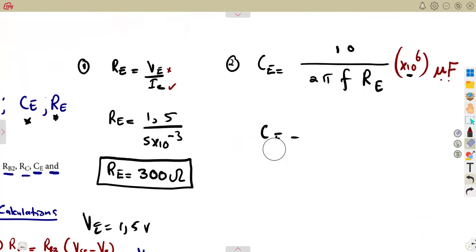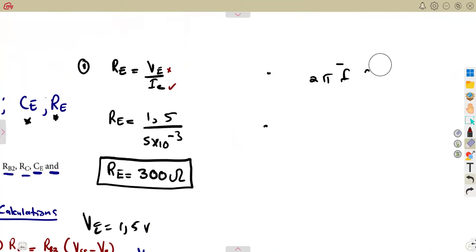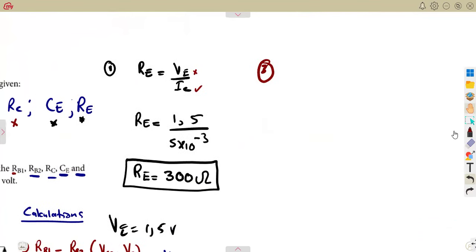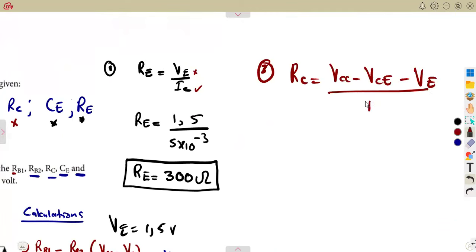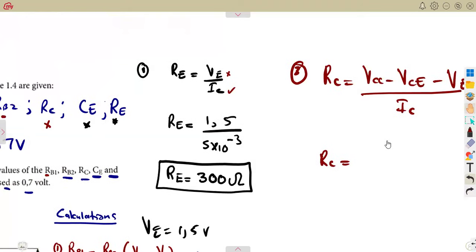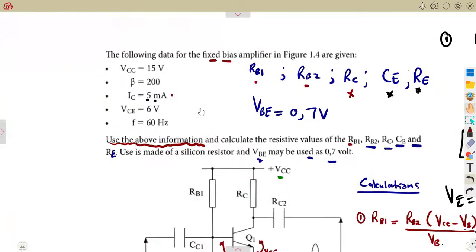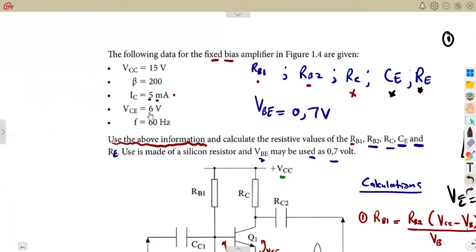Okay, so let's see. I'm just going to have it here. So that's our RC. We saw that RC can be calculated as VCC minus VCE, then you subtract VE, divided by the collector current. We have got these values, so let's substitute VCC and VCE.